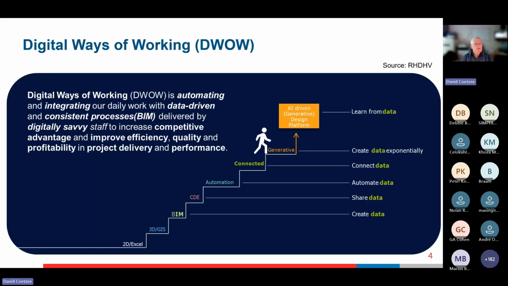So just expanding on the idea and then just bringing in a few other concepts and things that I'm sure many of you have heard many, many times before, we talk about the digital way of working, DWOW. Digital way of working is really using digital tools to automate and integrate our work to make it more effective and productive. And BIM is very much driven around that.